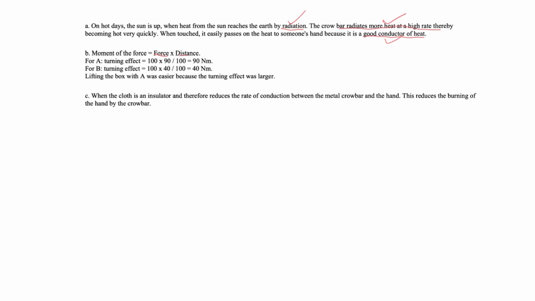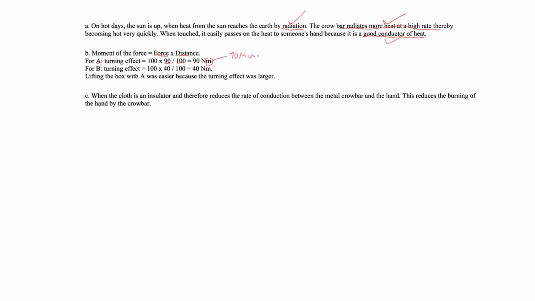Okay, the position of A from the turning point was 90 centimeters, so I had to divide 90 by 100 to get meters. Then our turning effect would be, the force we are using was 100 newtons times 0.9 to get 90 Newton meter. So this was the turning effect of 90 Newton meter.